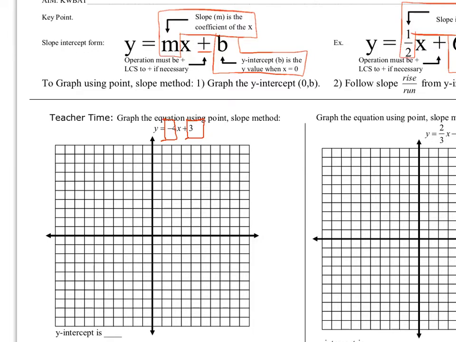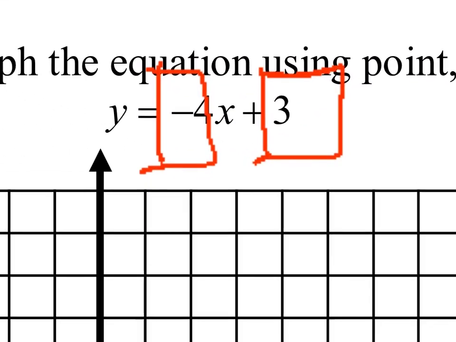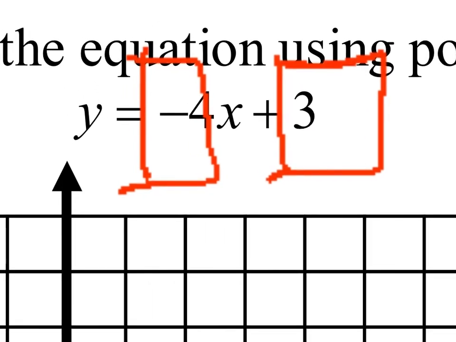So, looking at this equation, y equals negative 4x plus 3. Everybody should be able to answer this question, so make sure that you're ready. The question is, what is the slope of the line that this equation graphs?